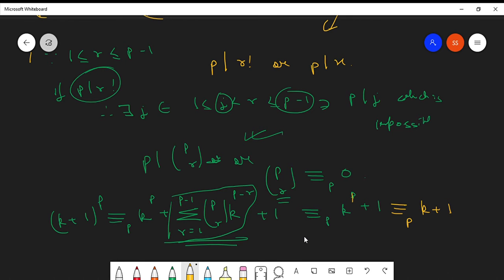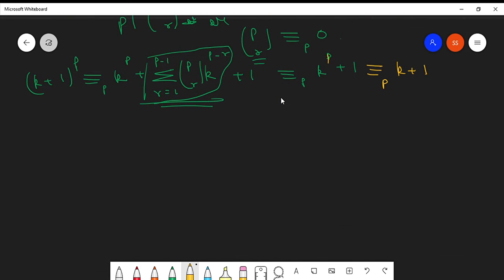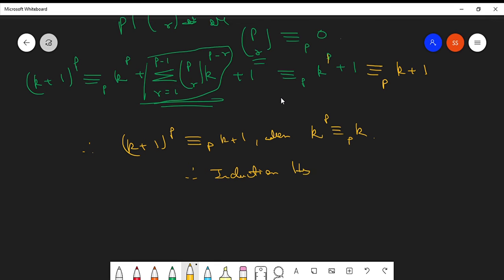Or you can write that k plus 1 whole to the power p is congruent to k plus 1 mod p when k to the power p is congruent to k mod p. Therefore the induction hypothesis is verified, or proved.